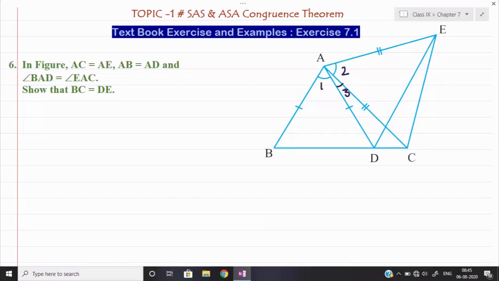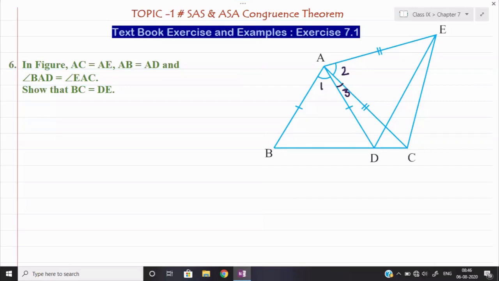And the second problem, which is the major problem I see, is that they have not mentioned which triangles we need to prove congruent. However, it is not told to us, so it doesn't mean that we are not required to prove any two triangles congruent. Definitely in this question also we need to first prove two triangles congruent, and in those two triangles one of the remaining corresponding parts will be BC and DE.